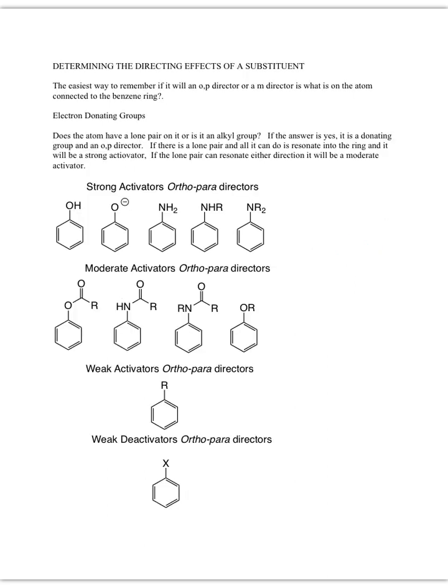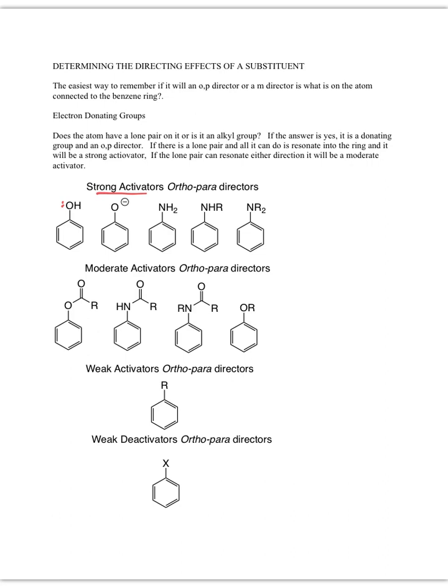So we have all of the electron donating groups, the ortho para directors. We have the strong activators. They're the things with a lone pair that doesn't have any resonance pulling it away from it. So an OH, an O minus, an NH2, and any of the amines. They're strong activating groups.